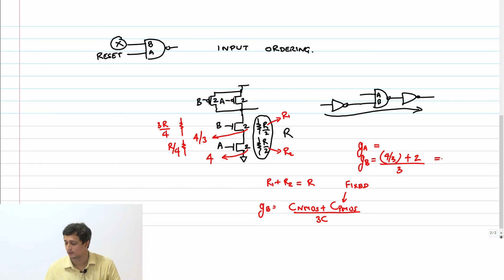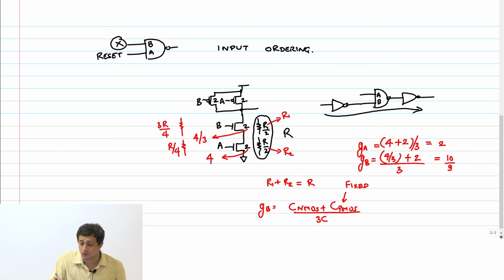Correct? So what do you get here? 10 by 9. What about GA? It is 4 plus 2 divided by 3. How much is that? 2.